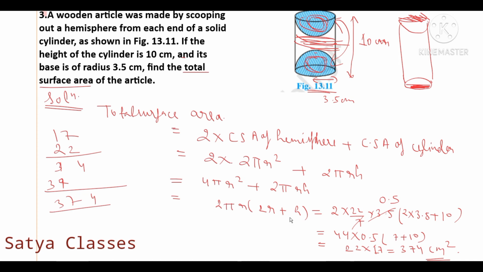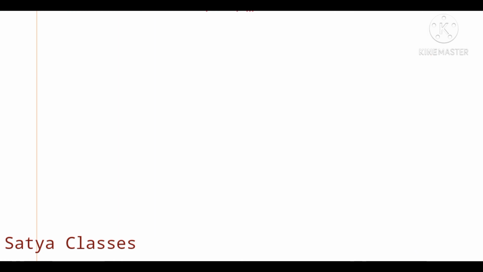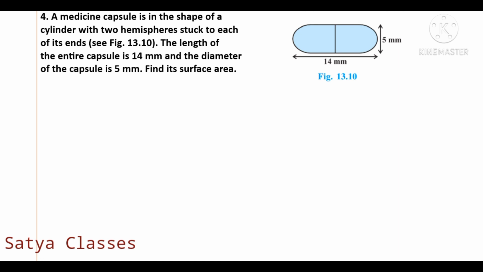So by now I think you are able to solve more questions based on the surface area. So again, move to the next question. The next question is about a medicine capsule. So this is a capsule, and it is the shape of a cylinder with two hemispheres stuck to each end. Have you ever seen a capsule?